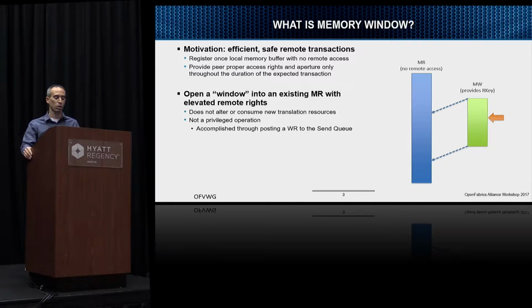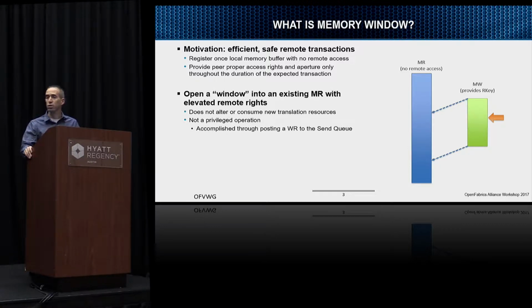And using a memory window, we can basically expose a portion of it with a remote access permission. It basically opens a window to that region, and it doesn't require any extra resources for the network transaction.